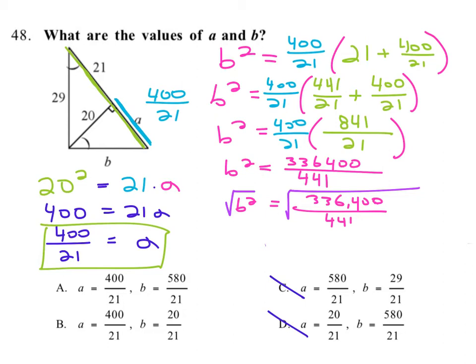Well, this will be b equals, what we're allowed to do is separate this and say we're going to square root the top separately from the bottom, square root the bottom separately.